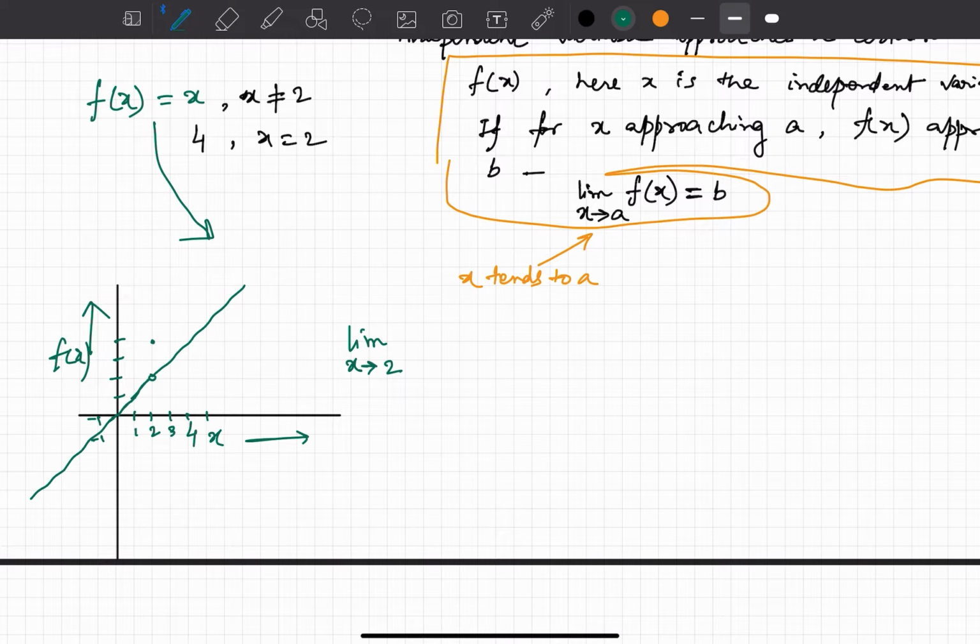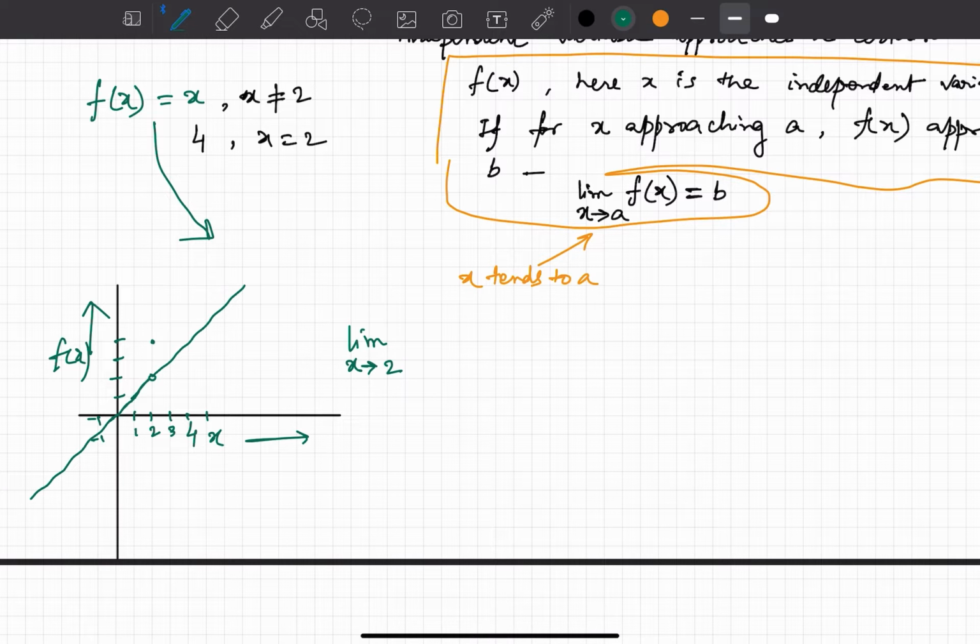It will never end approaching means the difference between 2 and the values x is taking by approaching 2 will be infinitesimally small.